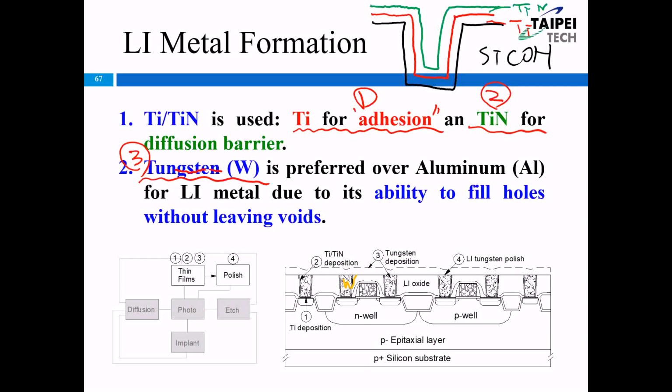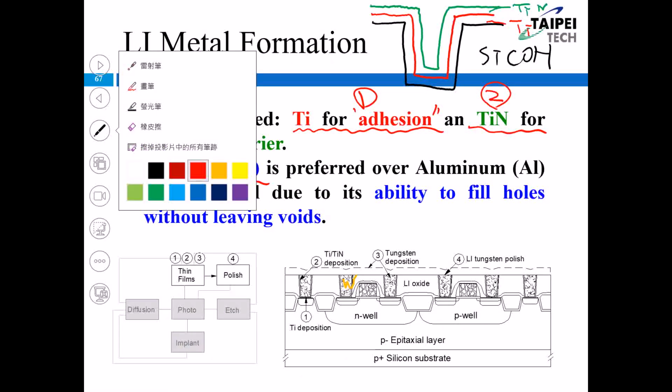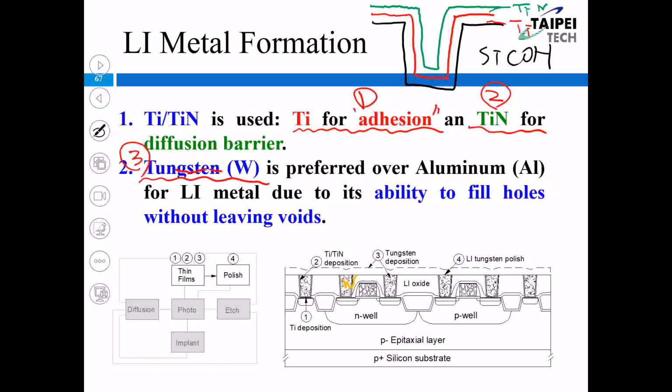TiN is a diffusion barrier. The third process, we need to CVD tungsten. Finally, we need to have the tungsten inside. So what can diffuse? Tungsten can diffuse out. So today we need to use titanium nitride. TiN again, right? Ti is a very important material in the IC fab.